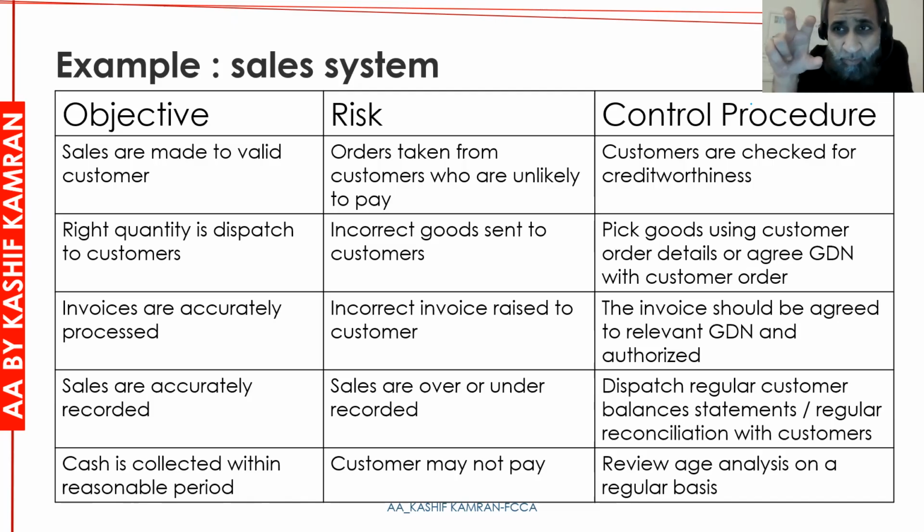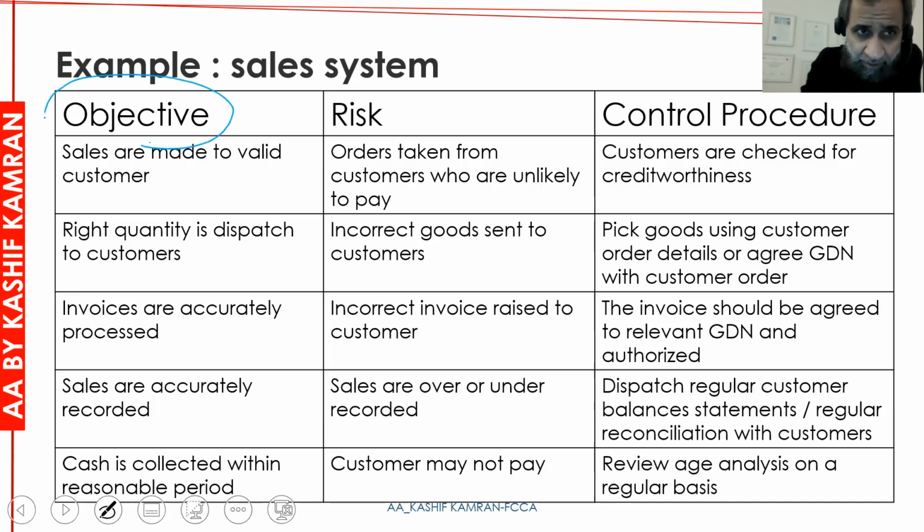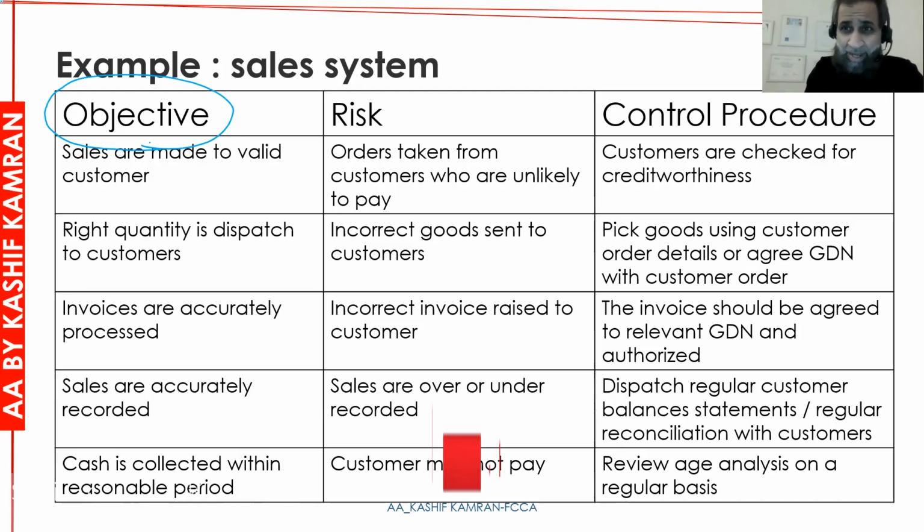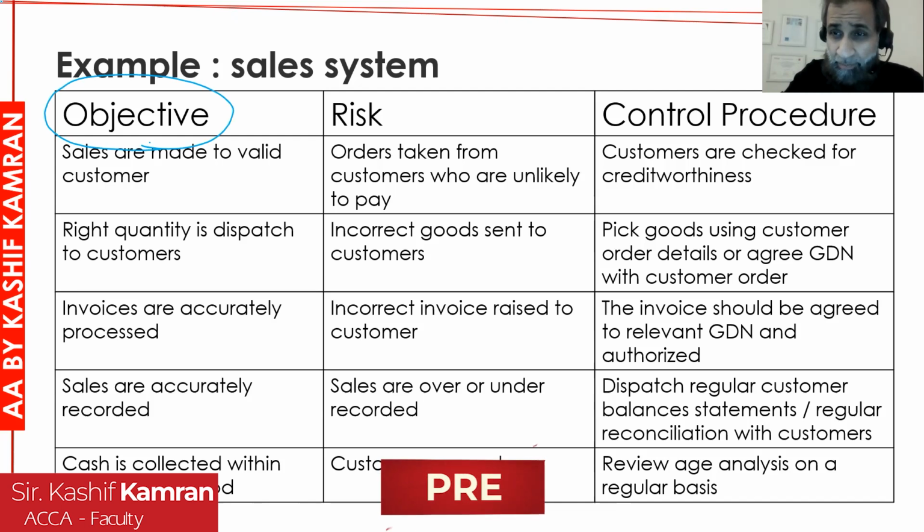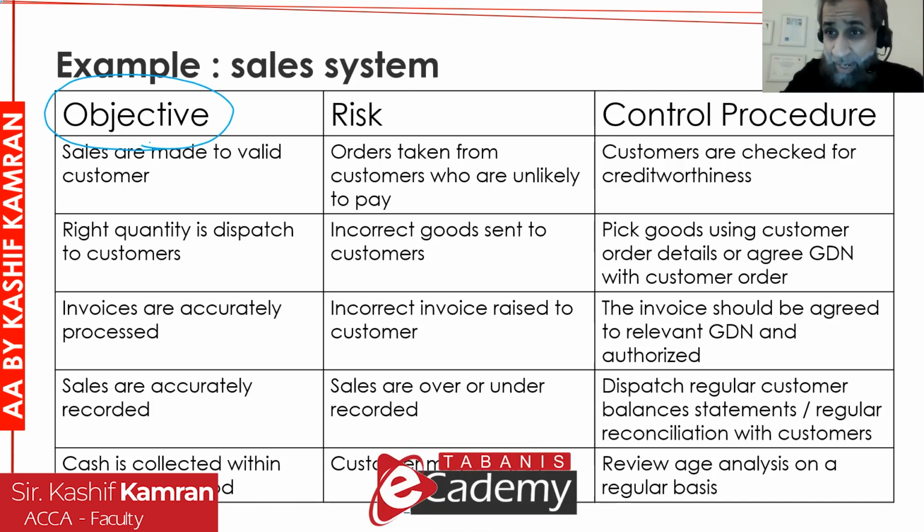Now, when the management is making a sales system for the first time, they should have an objective first. See, without objective, we cannot have anything. If you are doing something, first of all, you should have a purpose. First of all, you should have an objective. Now, for example, the management has an objective for putting in place a sound sales system.